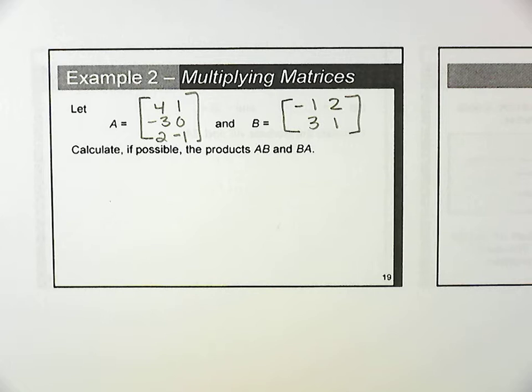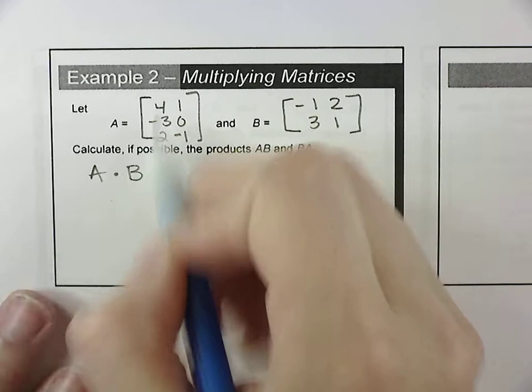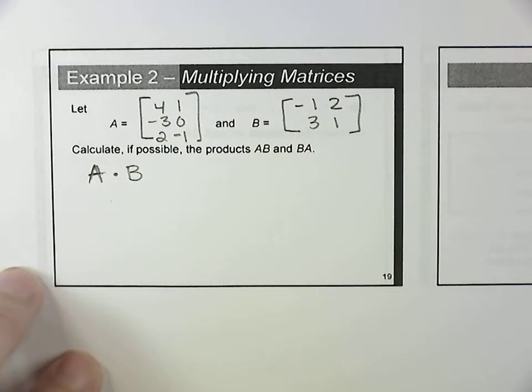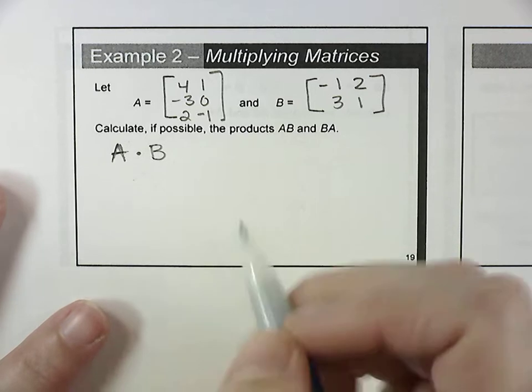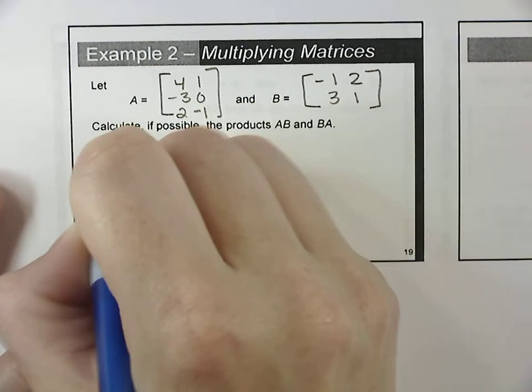The way we determine if it's possible is if the number of columns match up with the number of rows. So if we're doing A times B, okay, Maraf, A is what dimension of a matrix? It's a what by what? 2 by 3. Nope. 3 by 2. Yes, so it's always going to be rows first, columns second.